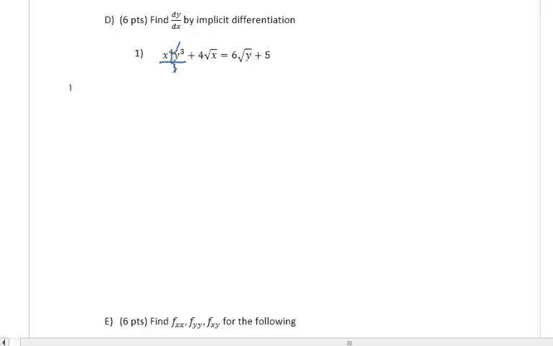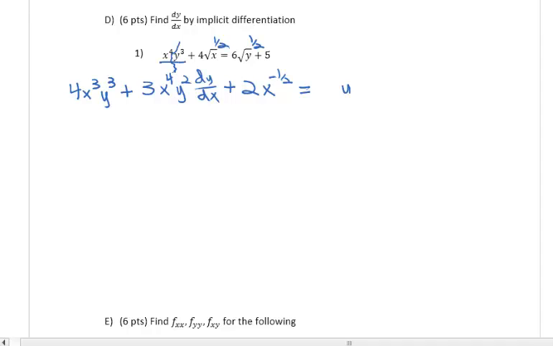So the product is the derivative of the first, 4x cubed, times the second, y cubed, plus the derivative of the second, which is 3y squared dy/dx, times the first, x to the 4th, plus, that's x to the 1/2, so we've got x to the negative 1/2, times 1/2 gives us 2, equals, that's y to the 1/2, so we have y to the negative 1/2. Half of 6 is 3, dy/dx, and the derivative of 5 is 0.